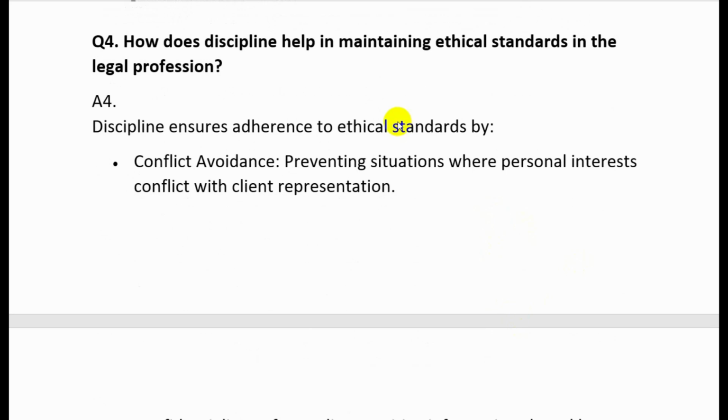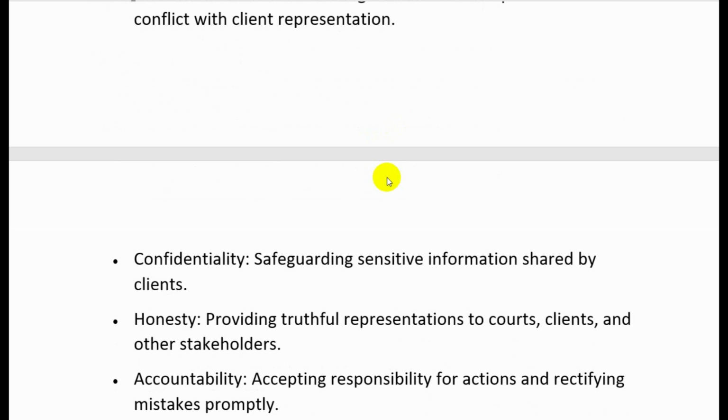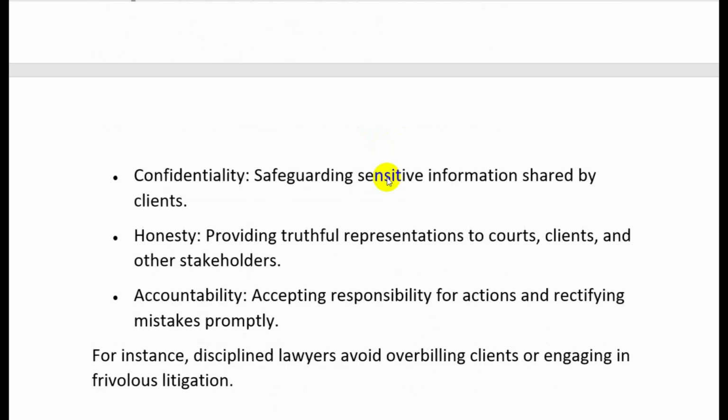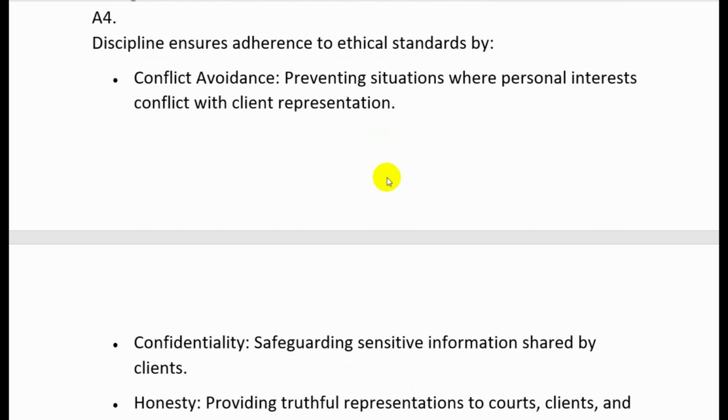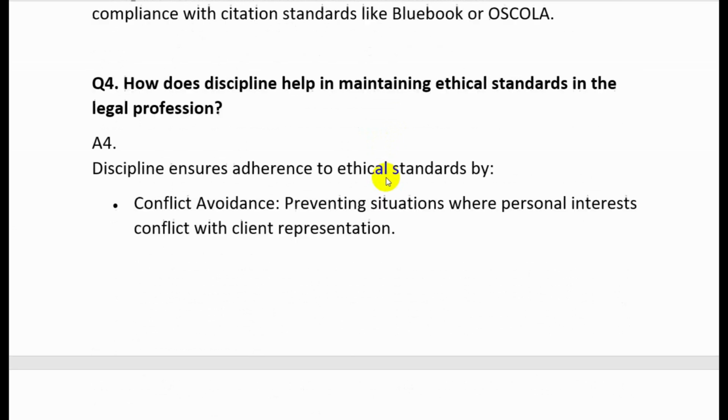How does discipline help in maintaining ethical standards in the legal profession? Discipline ensures adherence to ethical standards. First, by conflict avoidance, second, by confidentiality, third, by honesty, and fourth, by accountability. Let's look at each one of them. This is when one adheres to the ethical standards of the law.